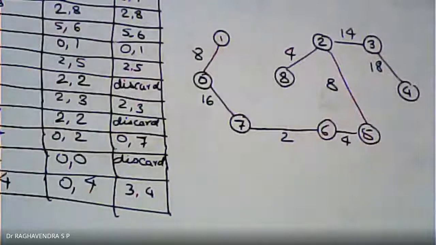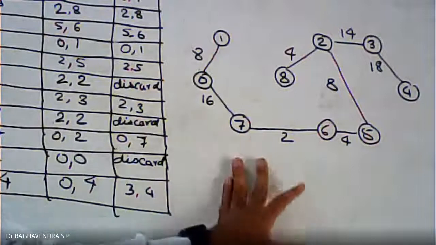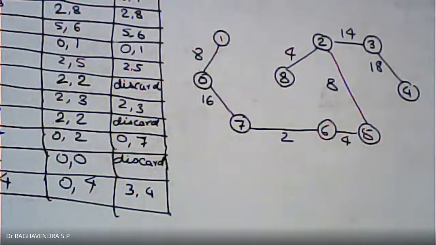The cost of the spanning tree is the sum of the costs of the edges selected.